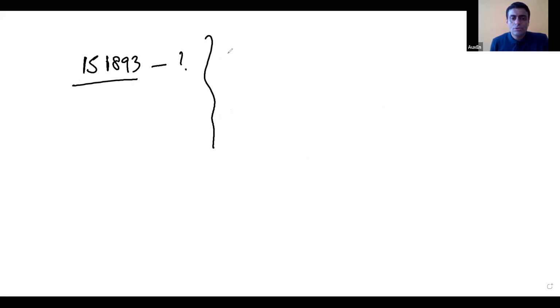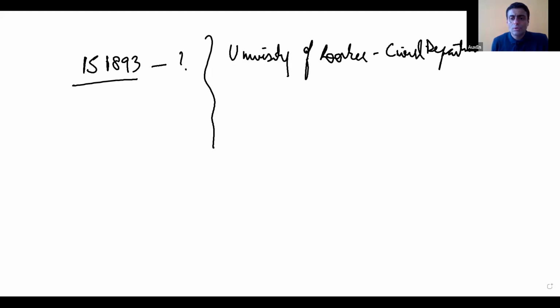It was launched first by a joint effort of the University of Roorkee Civil Department, sometime in 1957, when Professor Jai Krishna, I think you might have heard his name, joined.